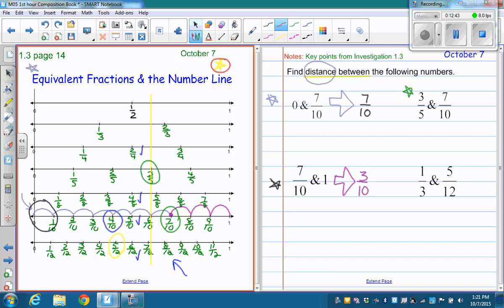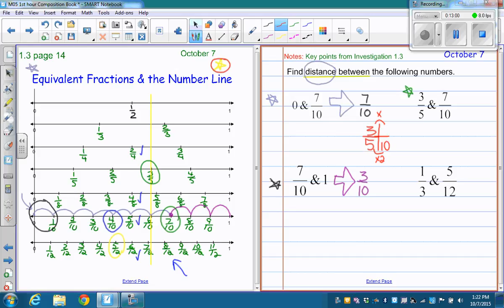If you didn't notice that on the number line, you can also take your 3/5 and use a small ratio table and just multiply the denominator by 2 so you can get the 5 to become a 10, and then you would do the same thing to the numerator, and you could show yourself that 3/5 is equal to 6/10. So 6/10 is an equivalent fraction.